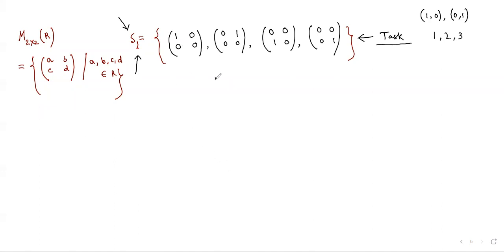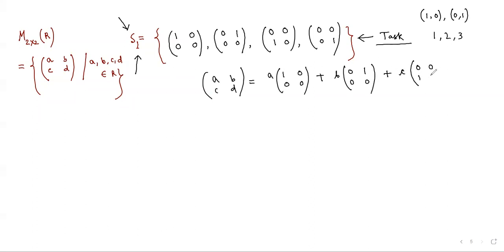And you see that the matrix a, b, c, d can be written as a into (1,0,0,0) plus b into (0,1,0,0) plus c into (0,0,1,0) plus d into (0,0,0,1). Am I right?